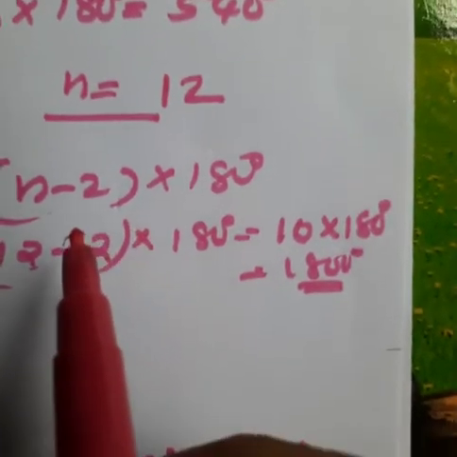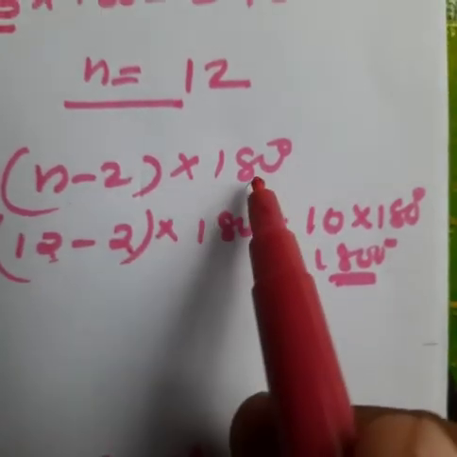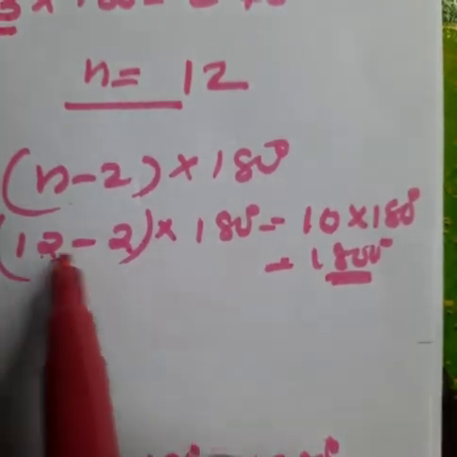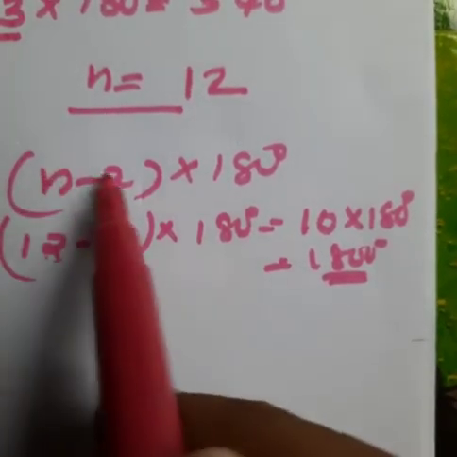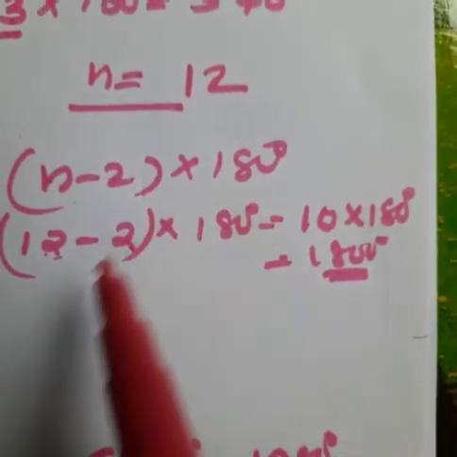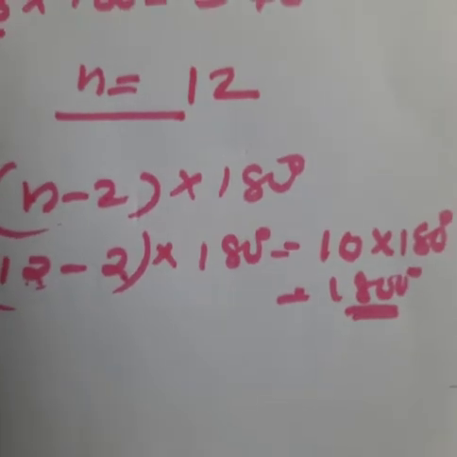If there are n sides, the common equation is n minus 2 into 180. If there are 12 sides, 12 minus 2 into 180. If there are 10 sides, 10 minus 2 into 180. Like that you have to find the sum of angles of the polygon.